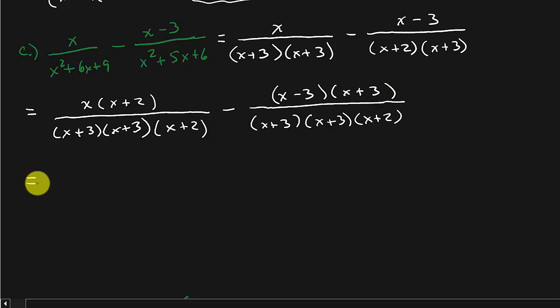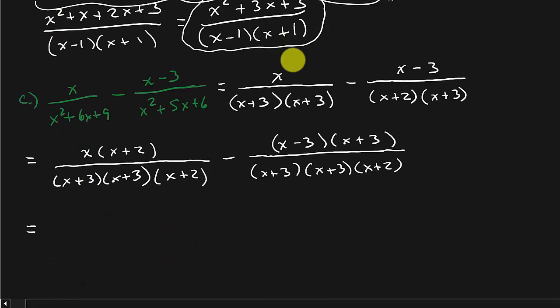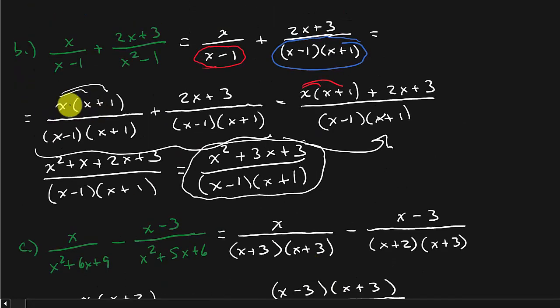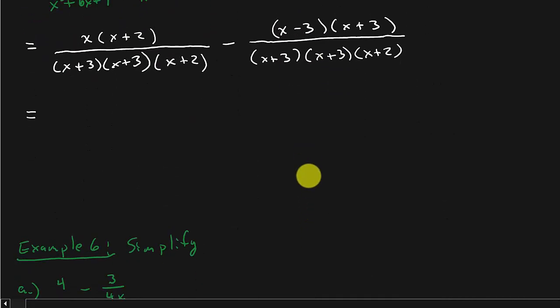Now, remember in this previous problem, what did I do? When I went from this step to this step here, I didn't multiply this out, right? I just kept it like this and then put it over there, and then I distributed in the next step. And that's fine if you want to do that.